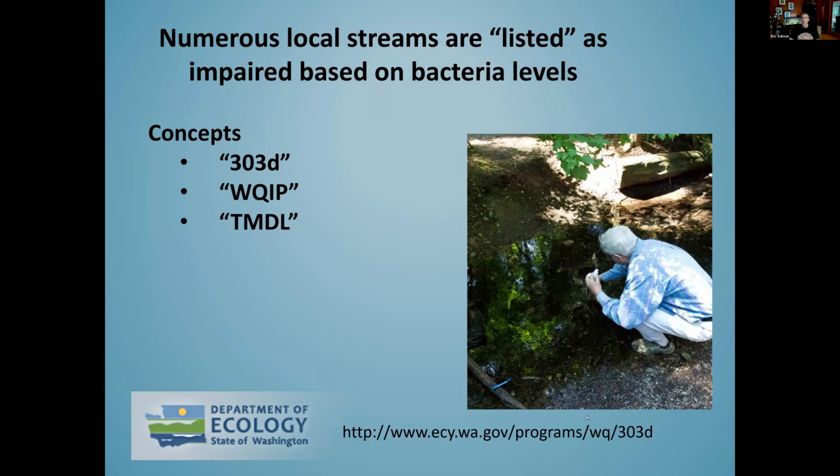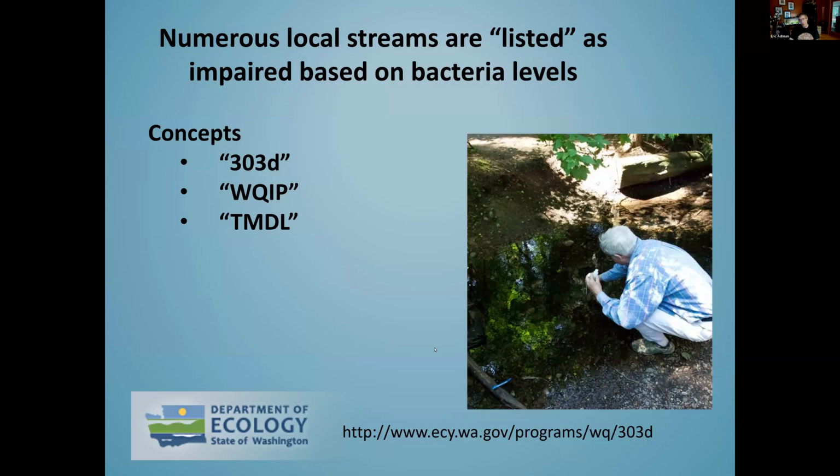And then in that plan, they want to see a maximum level, which they call a TMDL, total maximum daily level. So essentially, that agency will then do routine testing, maybe once a month or something, and they're looking to make sure that levels are ideally dropping below that TMDL.